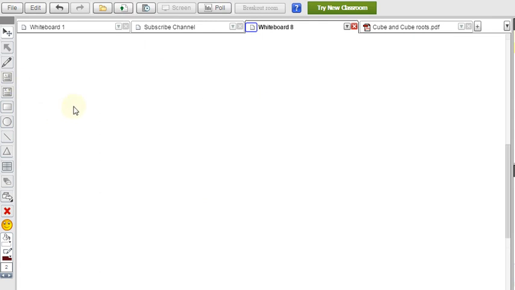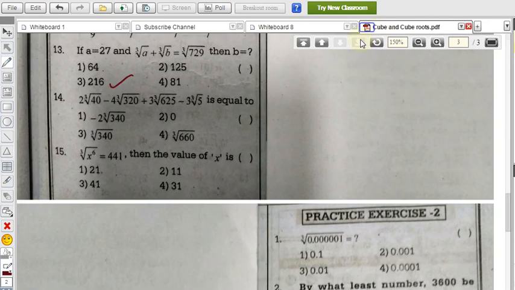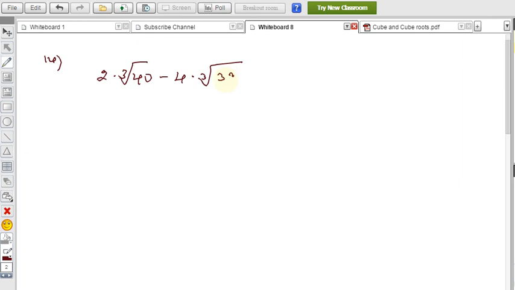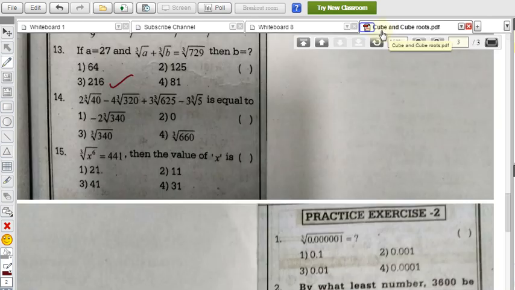There some are not perfect cubes. 2 into cube root of 40 minus 4 into cube root of 320 plus 3 into cube root of 625.